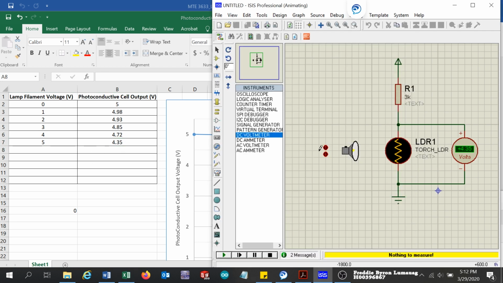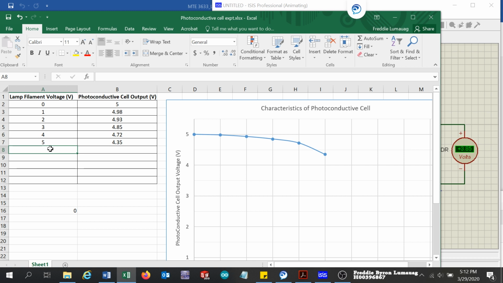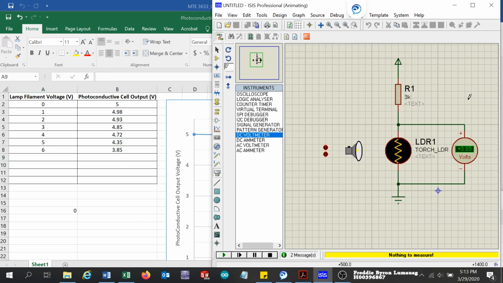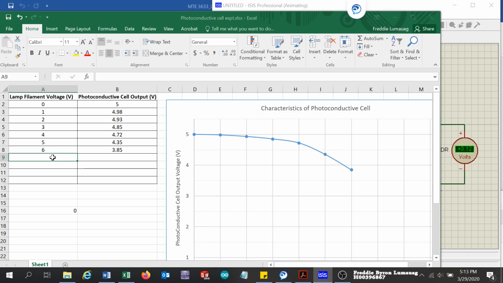And then 6, that is 3.85. Okay, then 7 is 3.12.